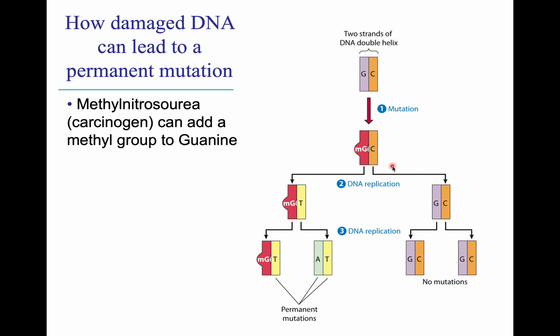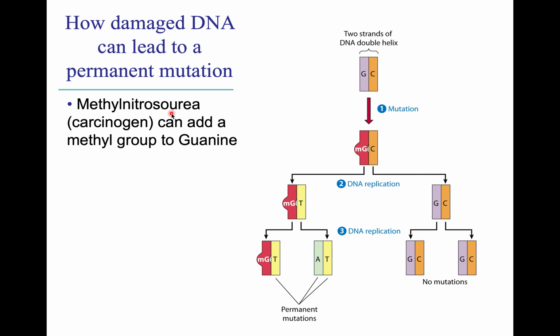But that being said, keep in mind that your cells do have repair pathways to try to fix DNA damage. But if that is not fixed before a round of DNA replication is completed, then that may sort of lock in a permanent mutation. So let's look at this example here.